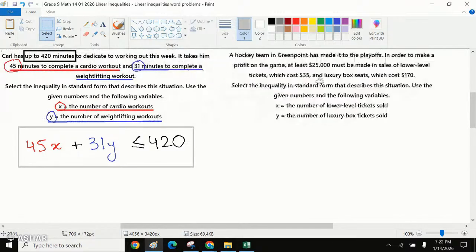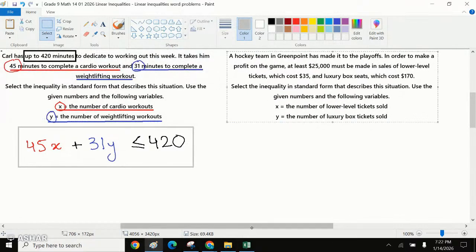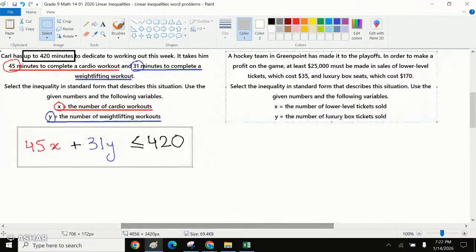Okay, for the next question, question number 7: a hockey team in Greenpoint has made it to the playoffs. In order to make a profit on the game, at least, let's look at the wording, at least 25,000 must be made in sales.